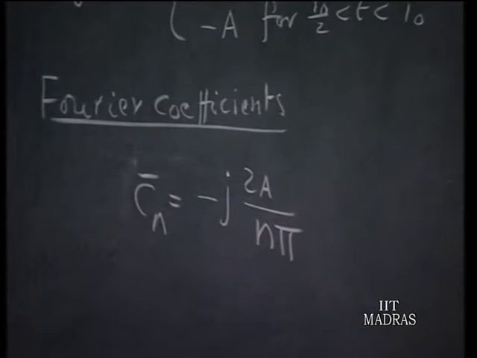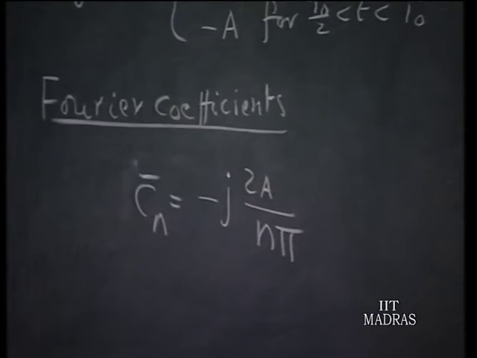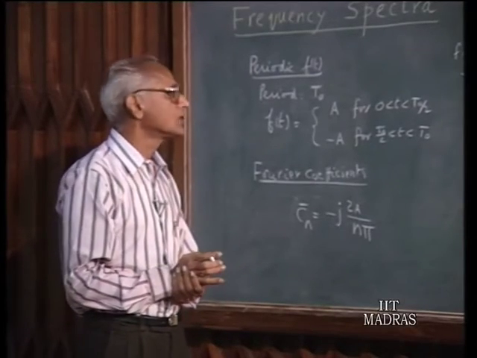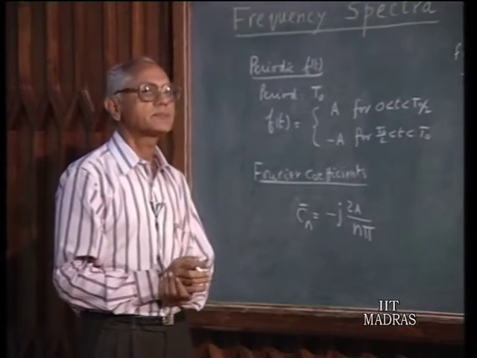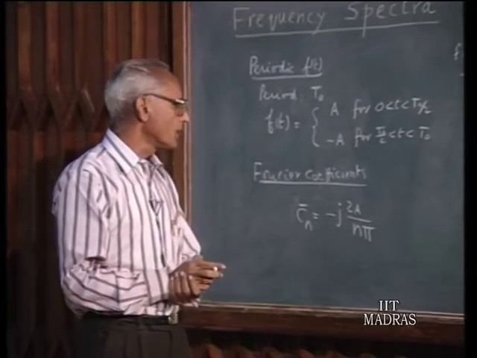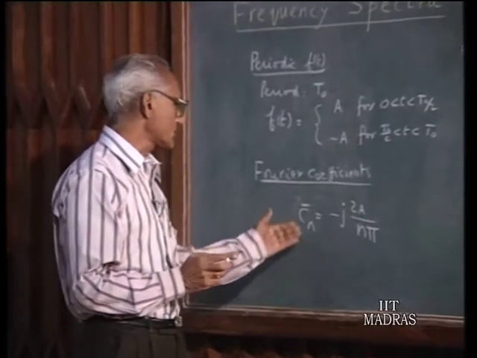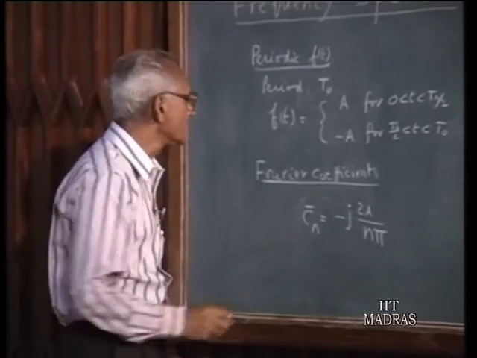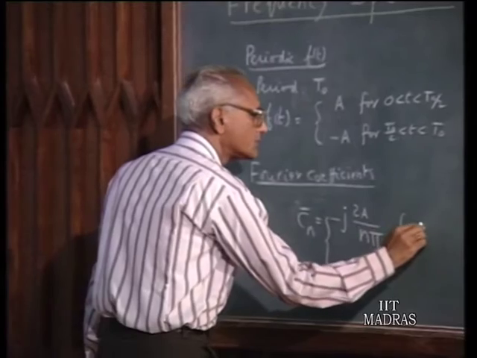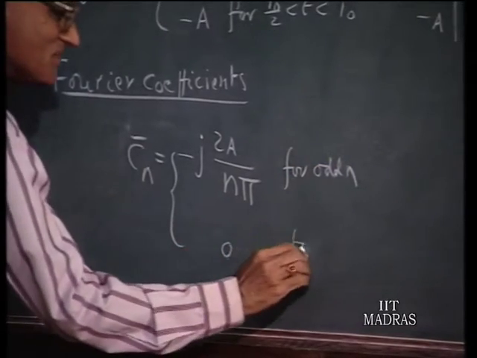You recall that in the trigonometric expansion of this function of time, the coefficients of sin n omega naught t is 4A by n pi, and since Cn is minus j bn by 2, and bn terms are only present, 4A by n pi for odd n, therefore Cn will be minus j 2A by n pi for odd n and 0 for even n.